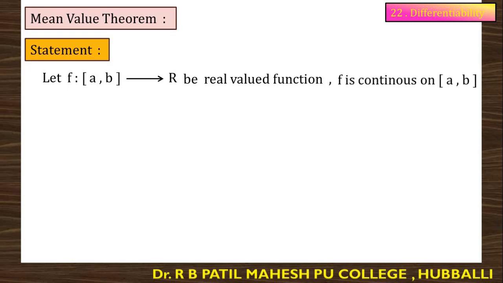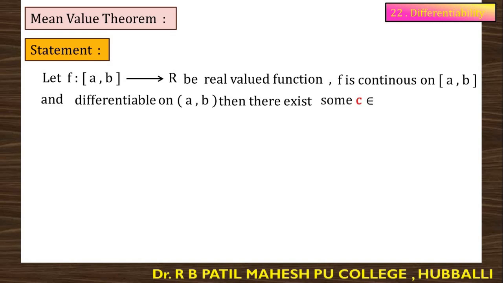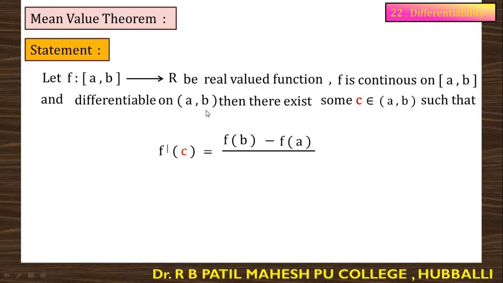If f is continuous on closed interval a comma b and differentiable on open interval a comma b, then there exists some point c belongs to open interval a comma b such that f dash of c is equal to f of b minus f of a divided by b minus a.